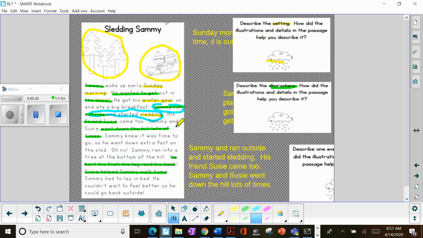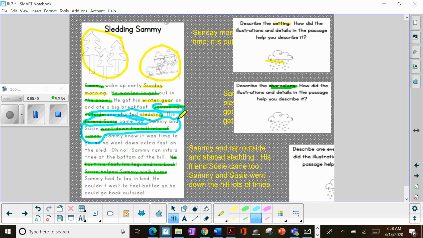And his friend Susie came too. Okay, and Sammy and Susie went down the hill lots of times.